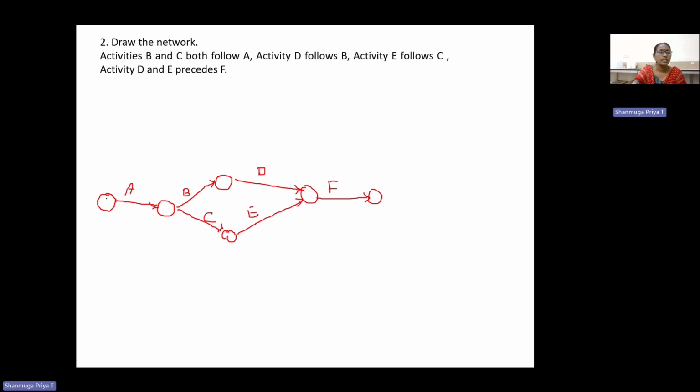Now one thing is missing: the numbering. Node 1, then 2, next is 3, 4, then 5 and 6. So we have numbered the nodes. We have drawn the network for this given condition.